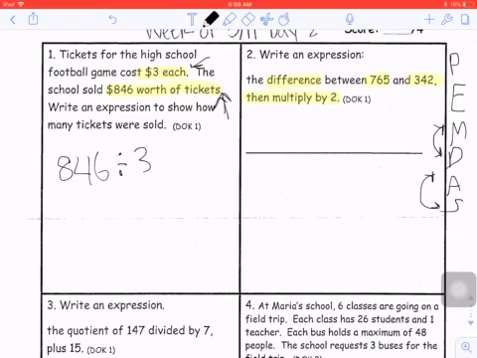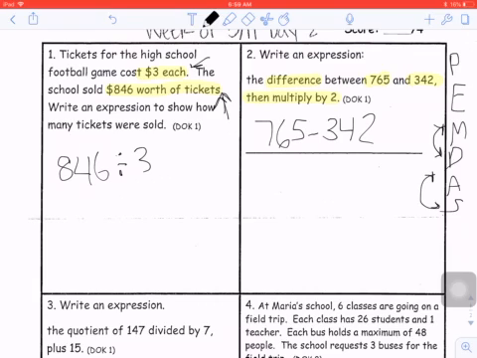So we'll start there, the difference between 765 and 342. So that shows the difference between those.